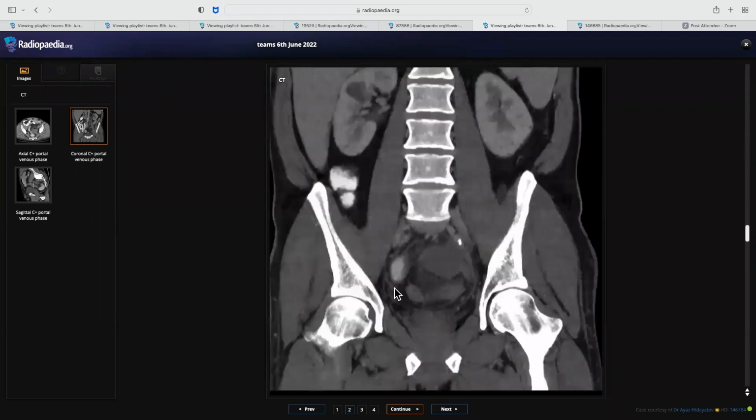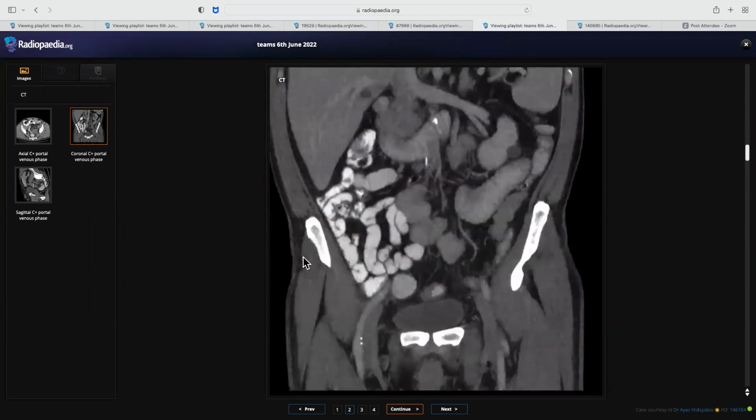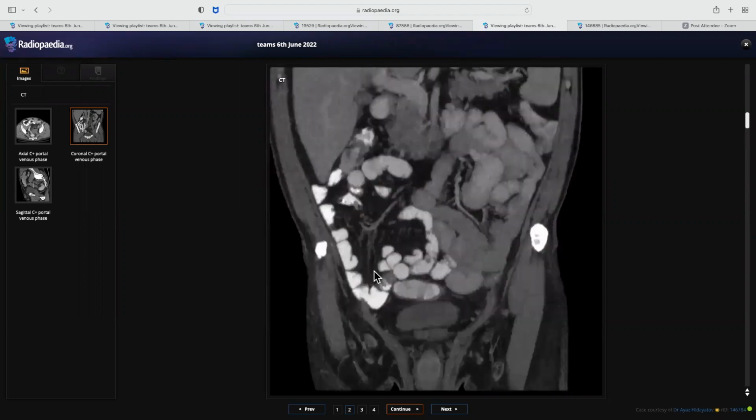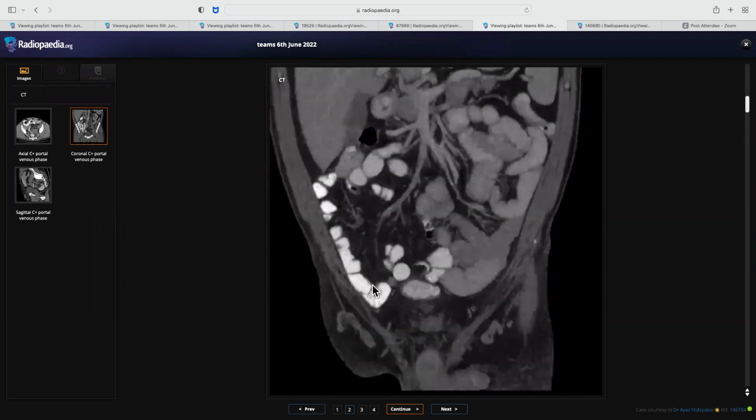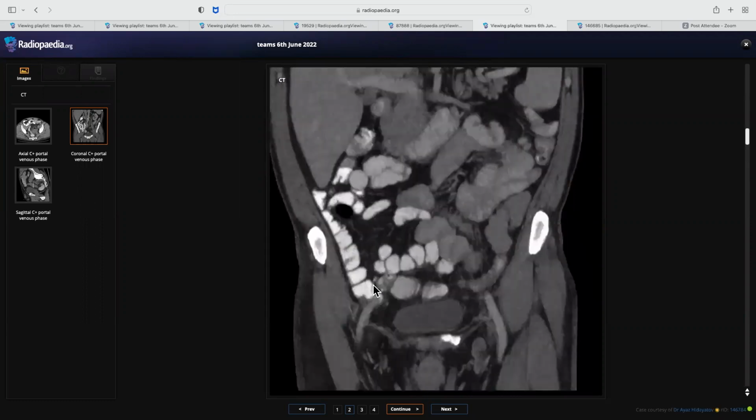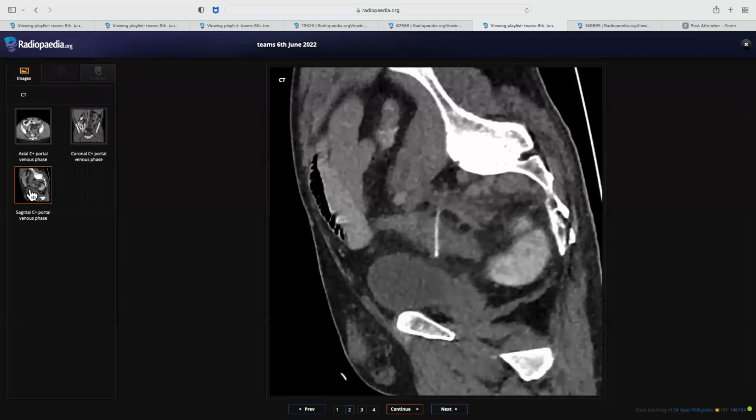Looking for the appendix and diverticuli. However, I don't see any inflammatory changes in the right iliac fossa region. Look at that region only, which is abnormal in that region. Okay.